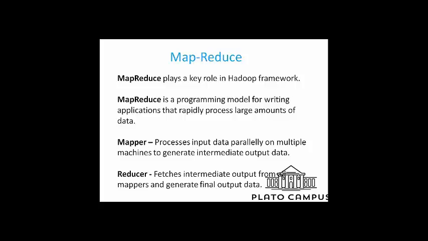So MapReduce is a programming model for writing applications that rapidly process a large amount of data. A MapReduce program is nothing but a special type of Java program, but it has a specialty that it can be executed on multiple machines parallelly.